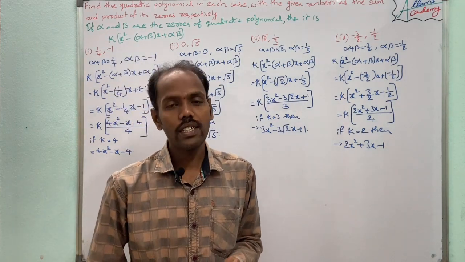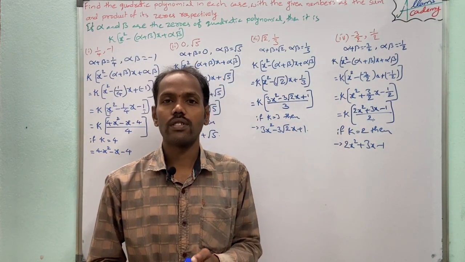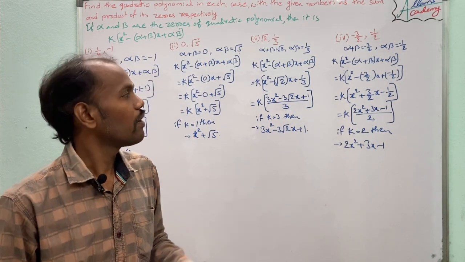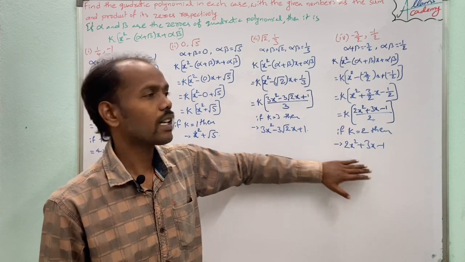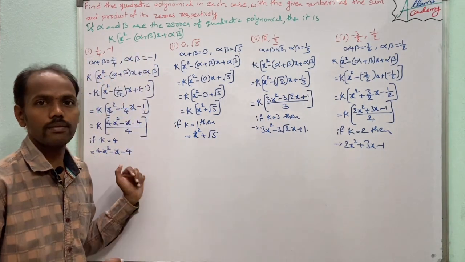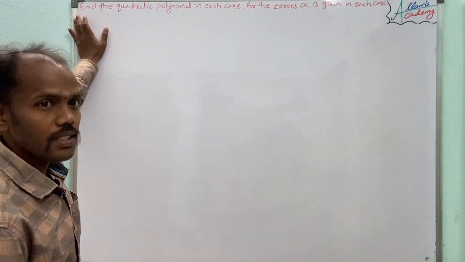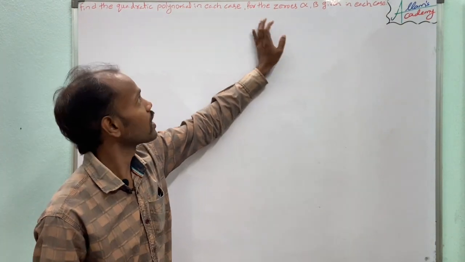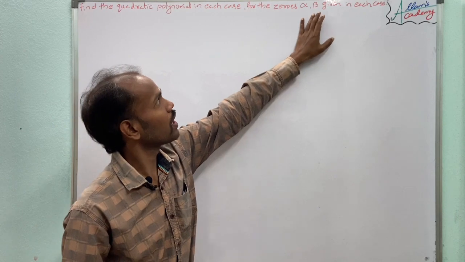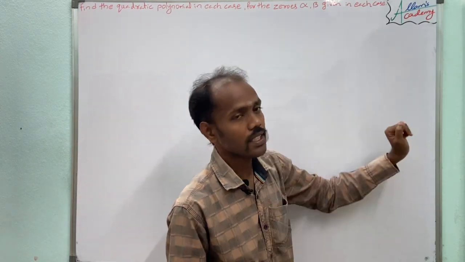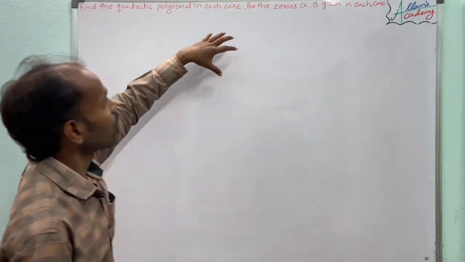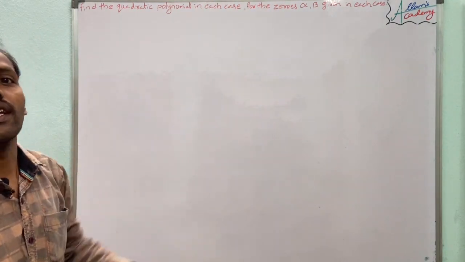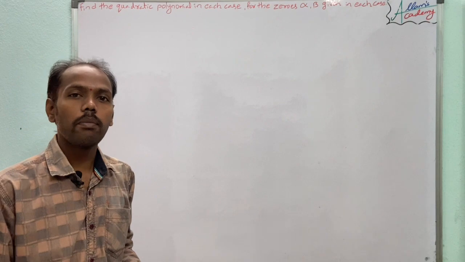Okay, so in this method, if the sum of the zeros and the product of the zeros of a polynomial are given, we can find the quadratic polynomial. Now here the problem is given as: find the quadratic polynomial in each case for the zeros alpha, beta given. So if alpha, beta, the zeros of a polynomial, are given, then we want to find the polynomial.